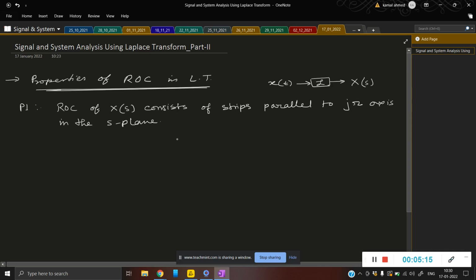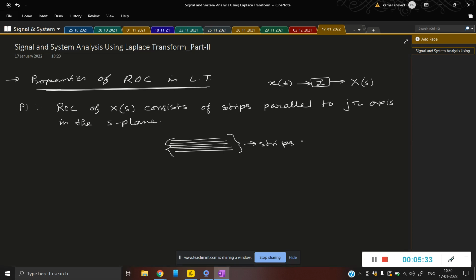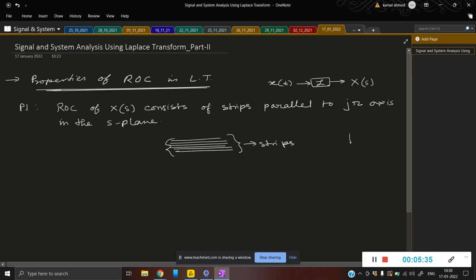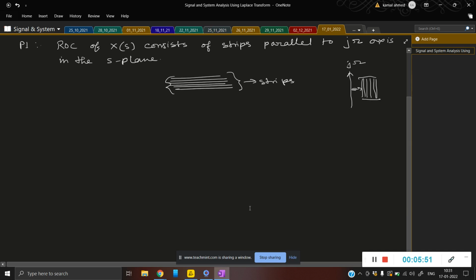That is a bunch of lines, together, this is strips. Now in the Laplace transform, what is the j omega axis? This axis is the j omega axis. So ROC will look like this, that is a bunch of strips parallel with the j omega axis. So this is the first property.